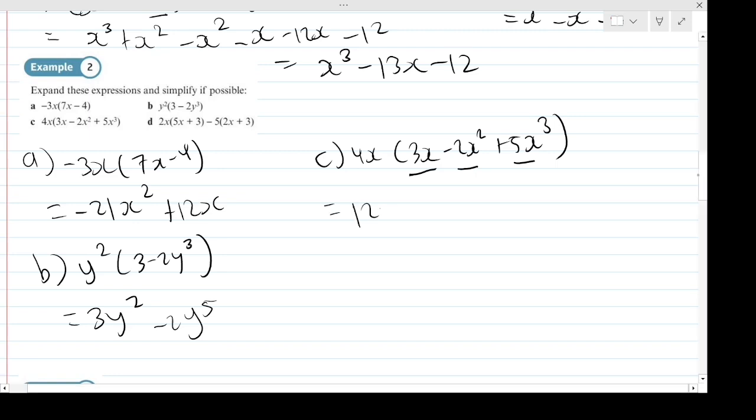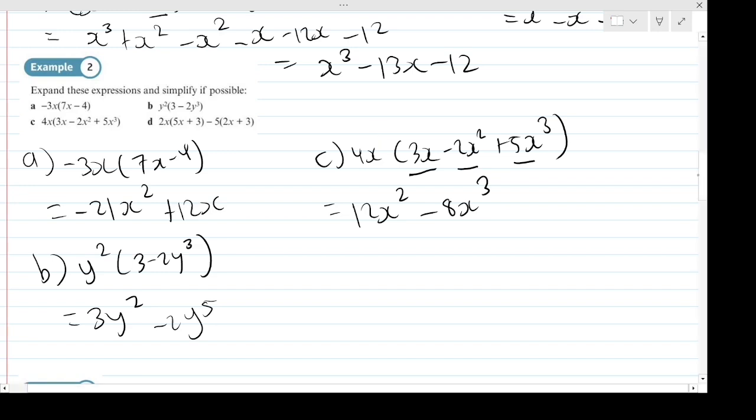That's 12x squared. Then we're going to have 4x times minus 2x squared. That's going to be minus 8x cubed. Remember, 4 times minus 2 is minus 8. And then x times x squared is x cubed if you add them. Bear in mind that there's a hidden index, a power of 1. So 1 plus 2 will give us the power of 3.